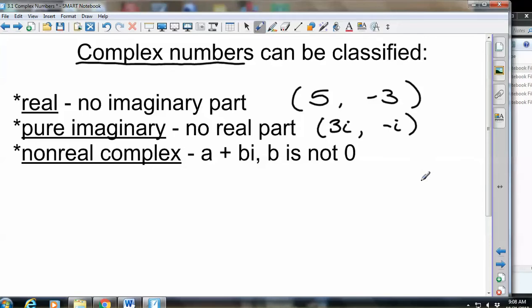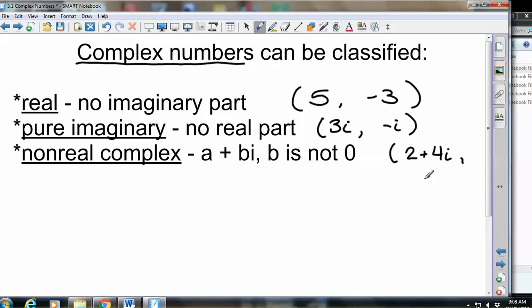And then non-real complex is when you have both portions. So it's a plus bi where the b is not 0. So we could have something like 2 plus 4i would be a non-real complex. Using this definition, the only stipulation is that the b cannot be 0.